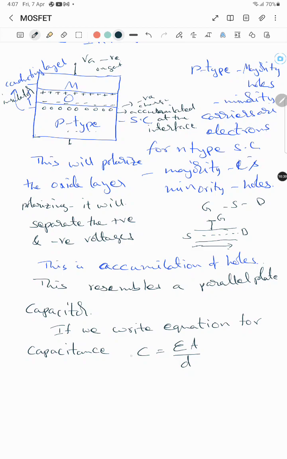Here it is the oxide, silicon dioxide or any oxide. So you have a capacitance now.